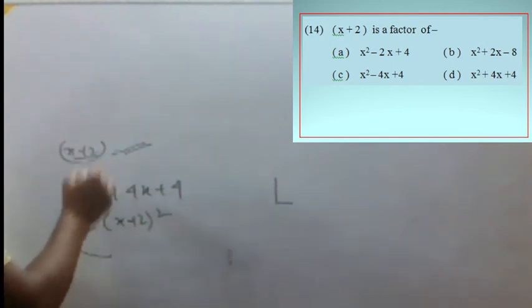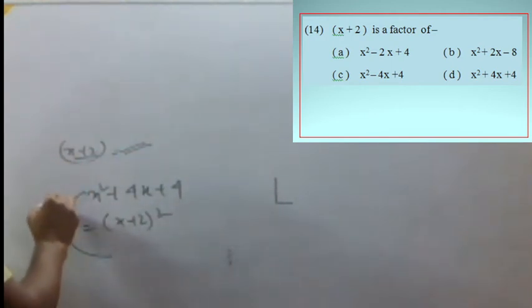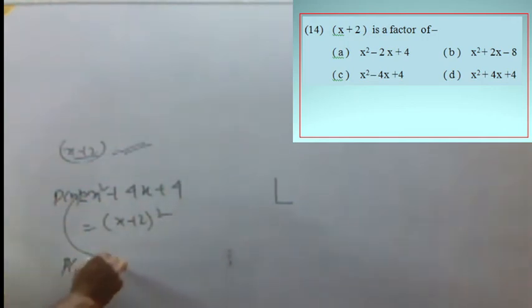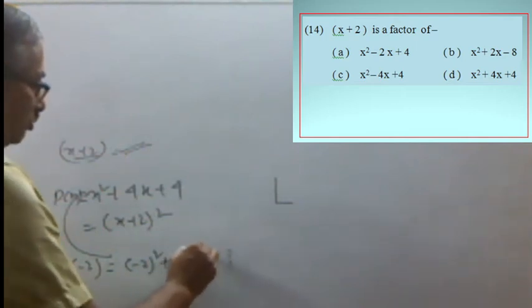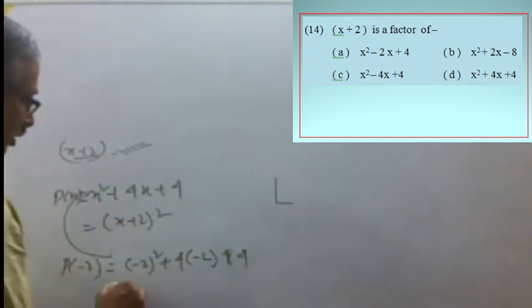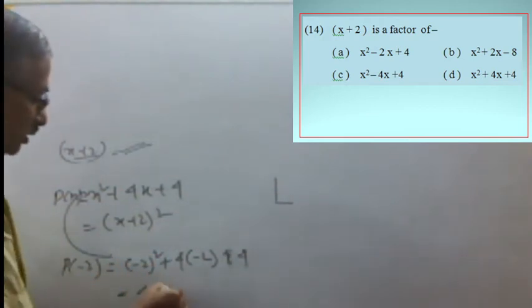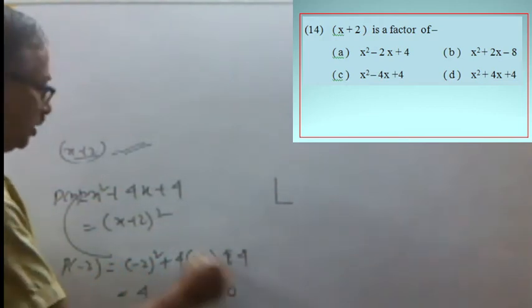If we write this as p(x), then we can write p of minus 2. P of minus 2 is minus 2 whole square, then 4 into minus 2, plus 4. Minus 2 to the power even, so 4 minus 8 plus 4 is equal to 0.